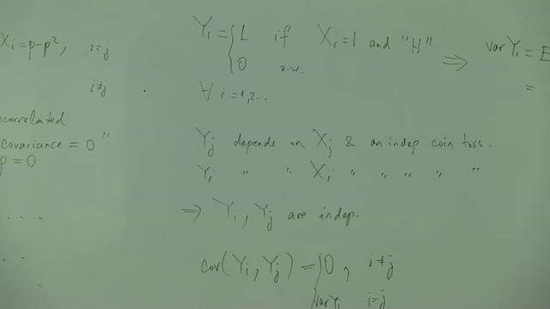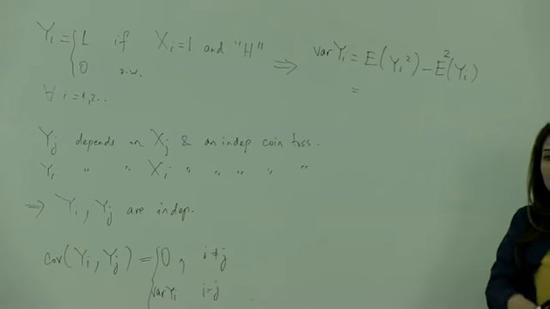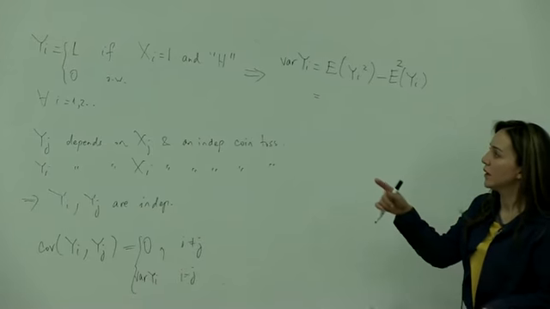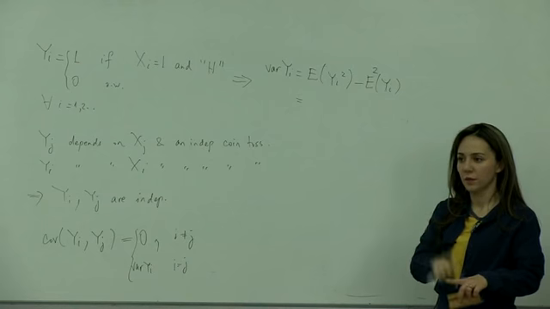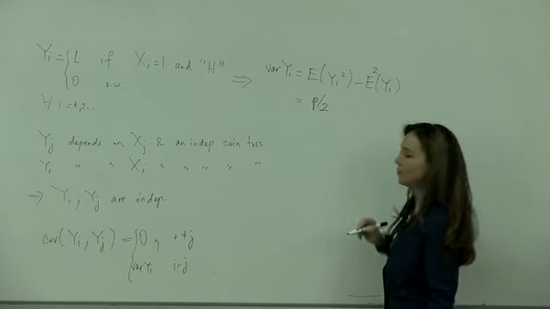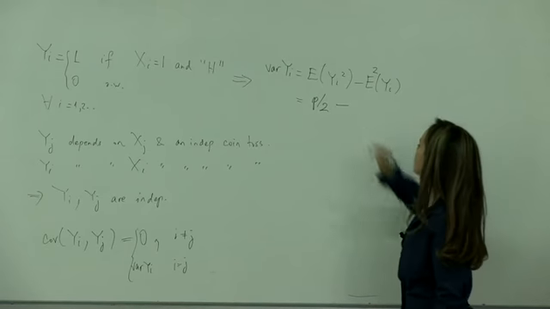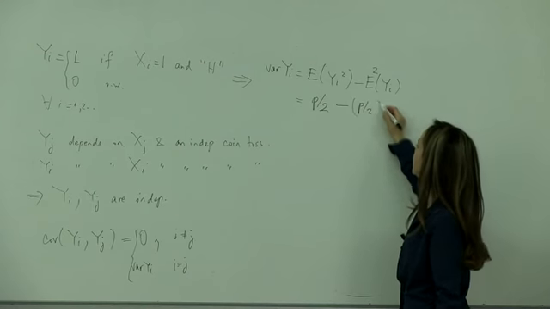Yi squared is 1 if and only if yi is 1 itself. So yi is 1 when there is a success and the coin comes up heads. We need to multiply the probabilities because these two things are independent. The success probability is p, and the coin coming up heads has probability 1/2. So the expectation is p over 2, minus the expected value squared, which is p over 2 squared.